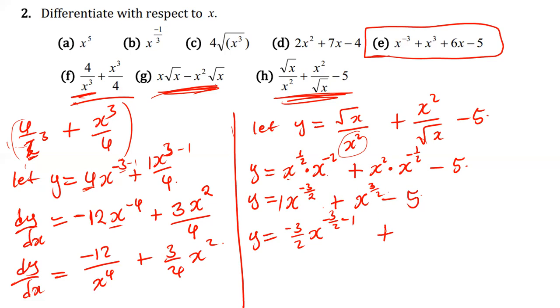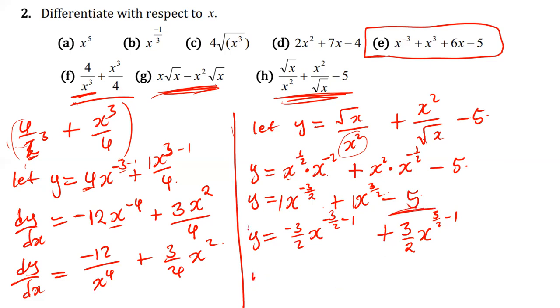Okay, and then we have plus. This part will do the same: 3 over 2 times the coefficient of x. This will give us 3 over 2. Then we have x to the power 3 over 2 minus 1. Then the derivative of a constant is 0, so we can leave it.